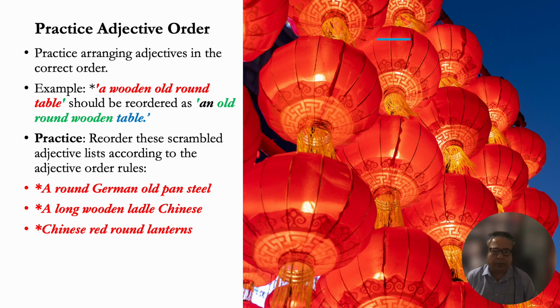So I need you to reorder these scrambled adjective lists. A round German old pan steel, a long wooden ladle, Chinese red round lanterns. So if you need to go back, rewind and see the earlier slides just to make sure that you know the exact adjective order, then do that, please, and then reorder these adjectives.